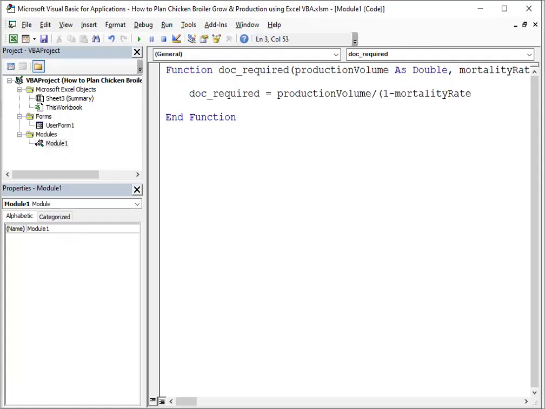Then that's it. That would be our calculation or equation for this function, the DOC requirement.